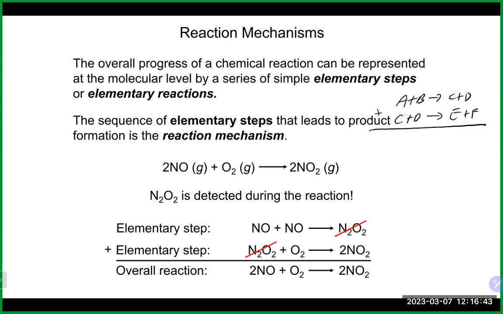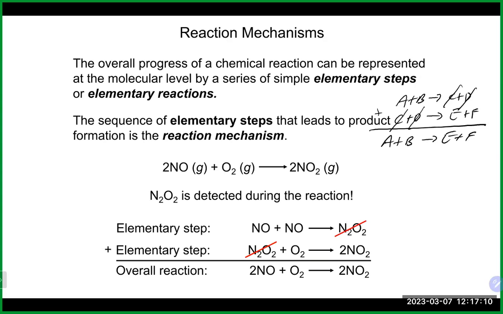So in this case, C is on the left and C is on the right, so they will cancel each other out. D is on the left and D is on the right, so they will cancel each other out. It's kind of like the arrow is an equal sign, like you subtract it off to the other side, is the idea there. And then everybody on the left stays on the left, and everybody on the right stays on the right. And we get this overall reaction that occurs in a multiple step situation.